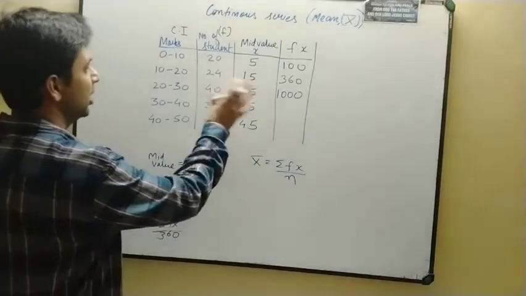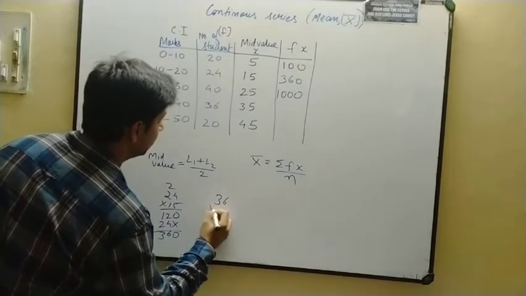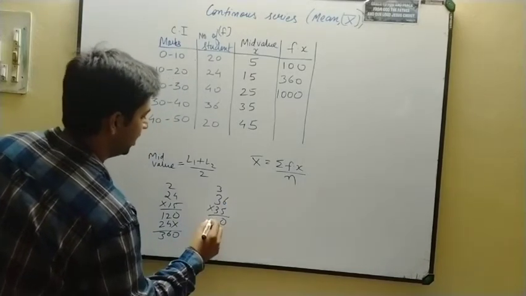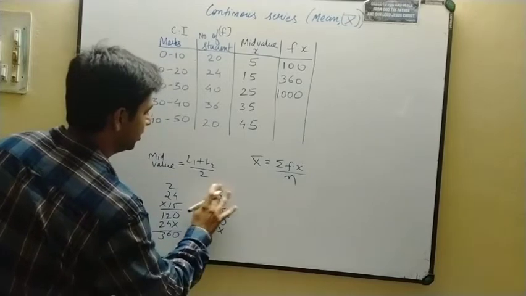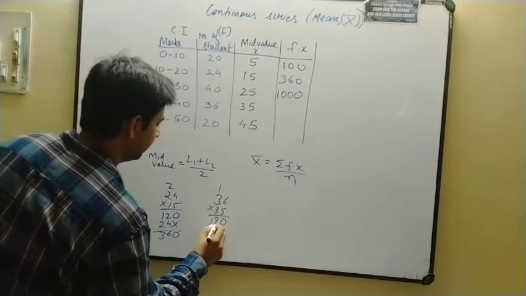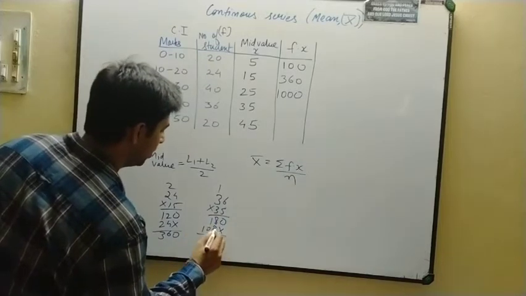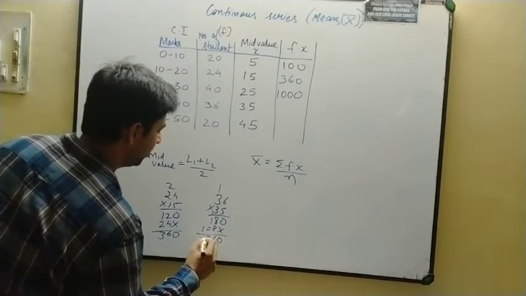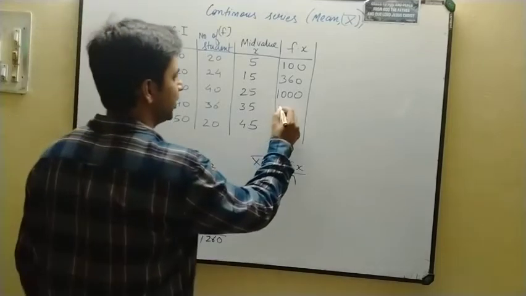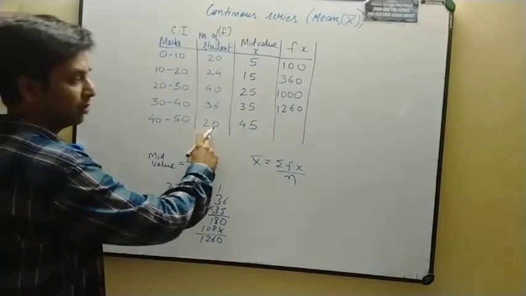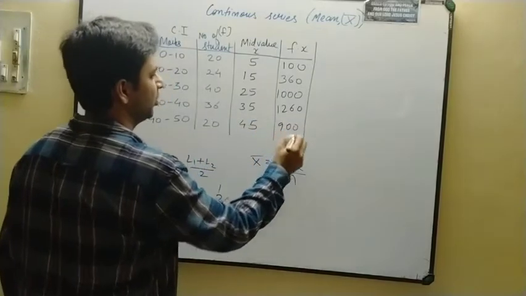Now we have to multiply 36 into 35, which gives 1260. Now 45 into 2 is 90, and one more 0.